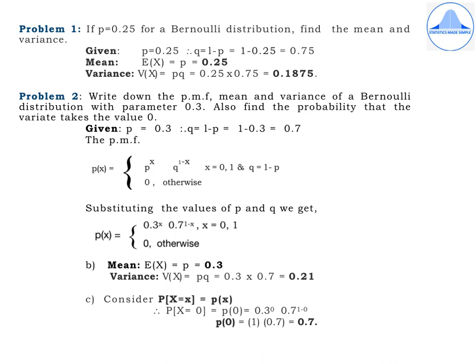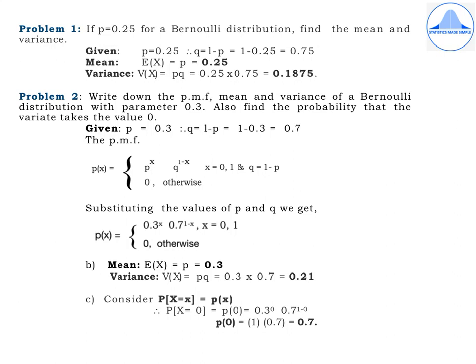Now substitute the values of P and Q. And we get the PMF as P of x equal to 0.3 to the power x, 0.7 to the power 1 minus x. Then x is equal to 0, 1 and then write 0 otherwise.